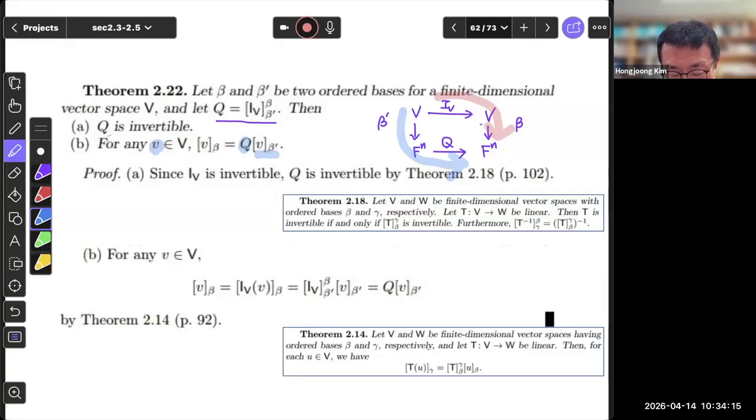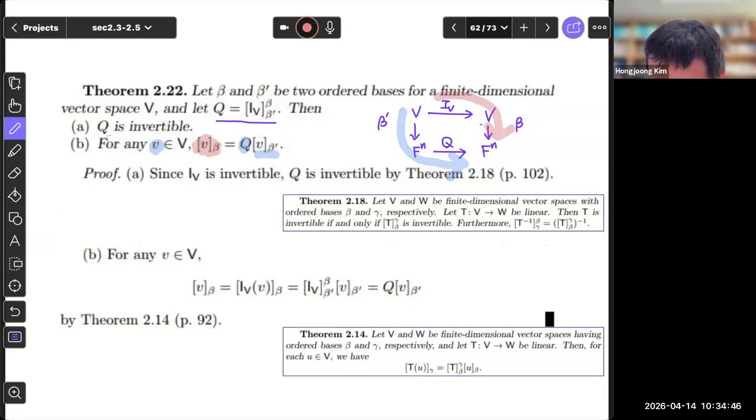And if I take the red path, the identity mapping maps V to V. So the image of V under the identity mapping is V, right? And then its standard representation is expressed by this, but the only difference is that you are using beta as a basis. So both are representing the coordinate of the image.